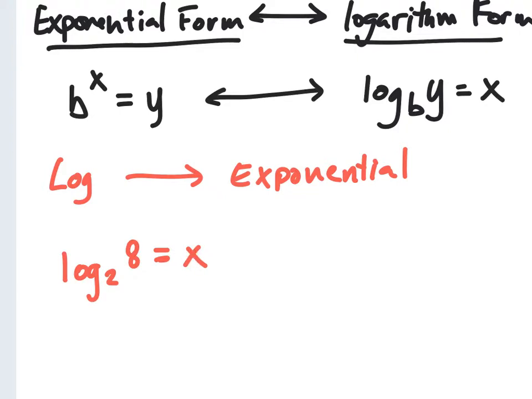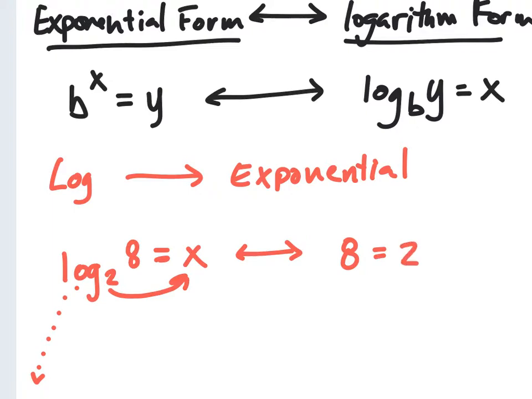So what happens is that the 2 moves over to the other side, the log drops down and falls into the abyss, much like how Elsa also falls into the abyss. Okay, and so what's left over is 8, and that's equal to 2 to the x.